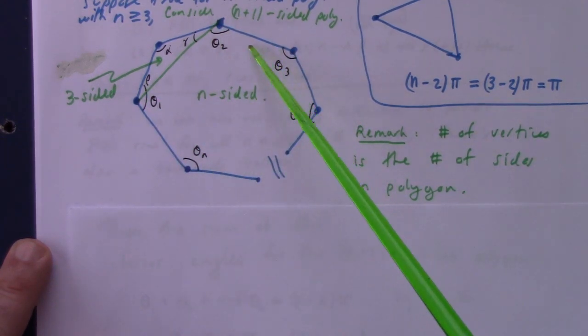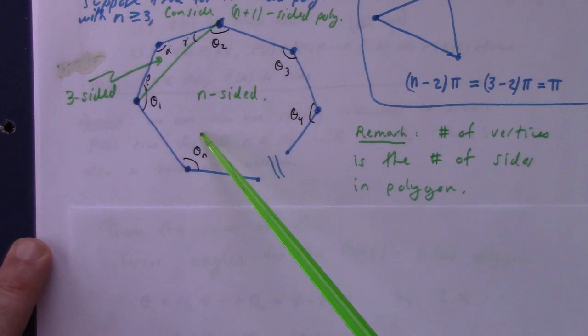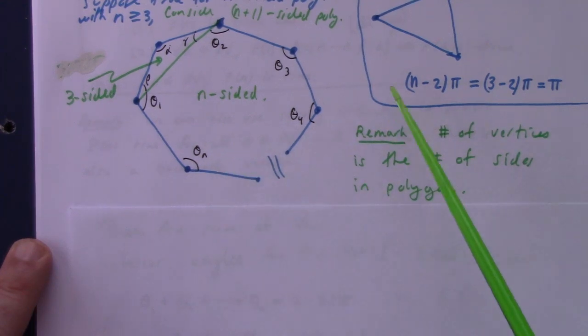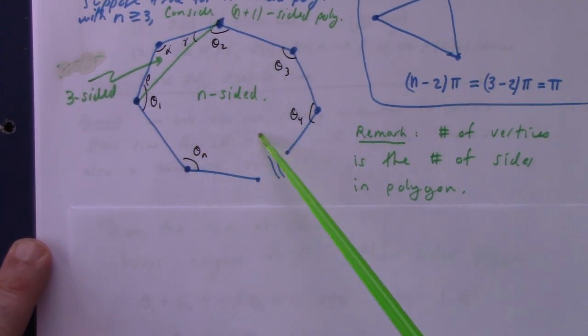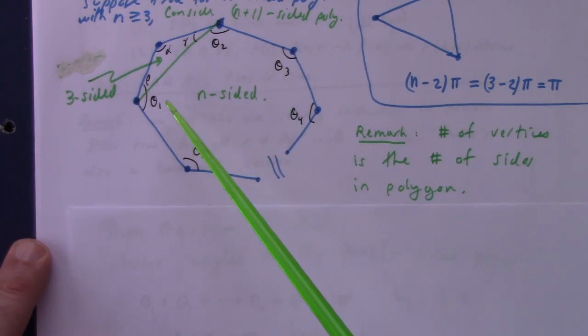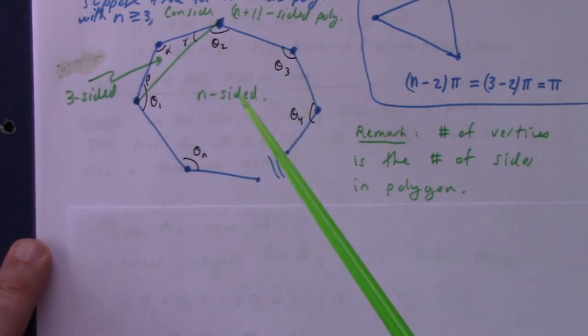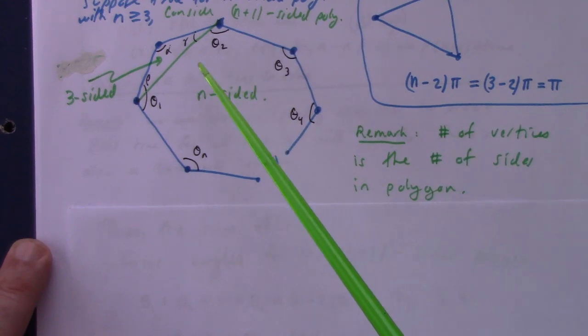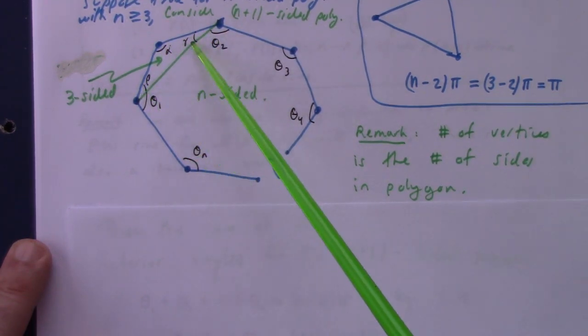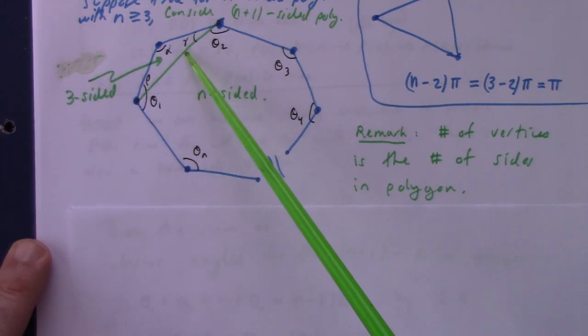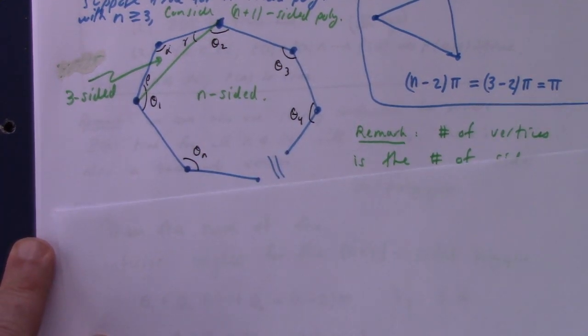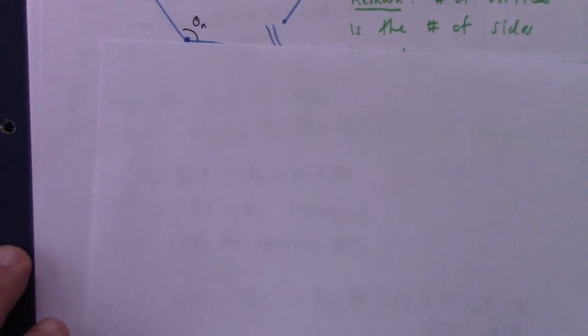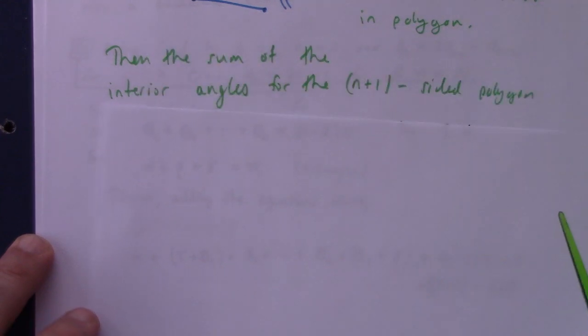So I can apply the induction hypothesis to that to know that the sum of the interior angles here, which I've labeled theta 1 plus theta 2 plus dot dot dot plus theta n, is n minus 2 times pi. On the other hand, I know that alpha plus beta plus gamma is equal to pi, because these are the interior angles of a triangle. So there's that, and then if you put these two things together, it's not hard to finish the argument.